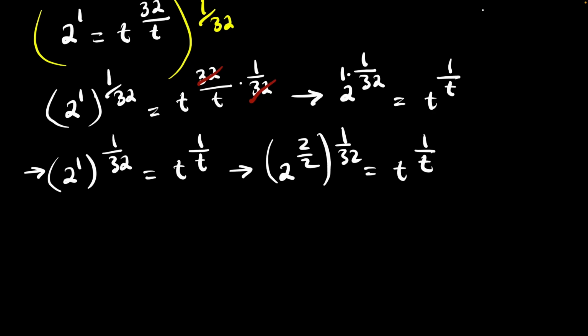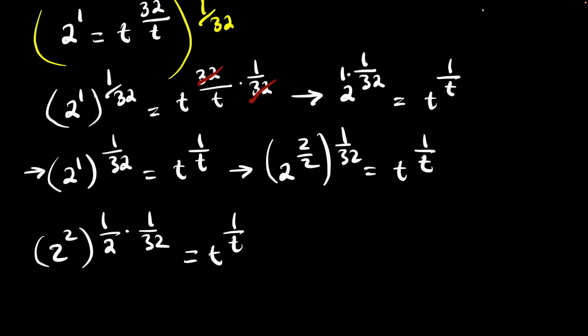So here, I wanna keep the numerator 2 and multiply the 1 over 2 by 32. So I'm gonna keep 2 and then I can write 1 over 2 times 1 over 32, equal to, on the right side, t to the 1 over t.